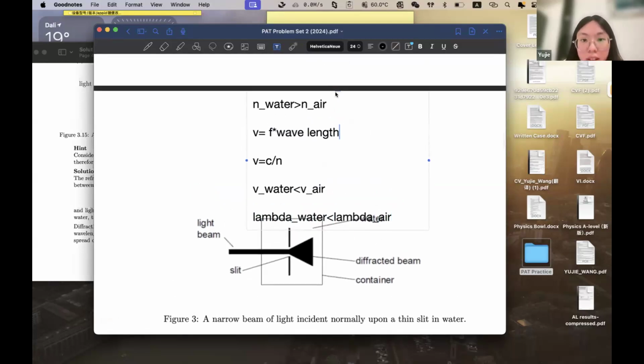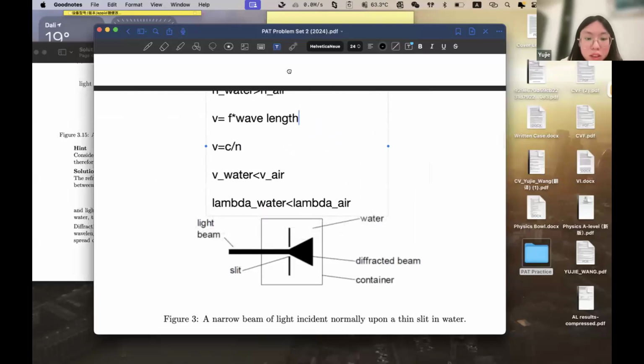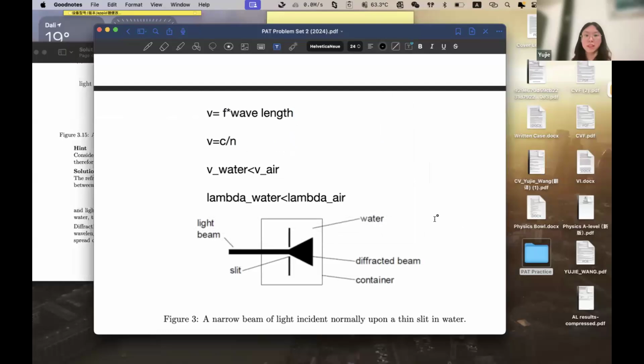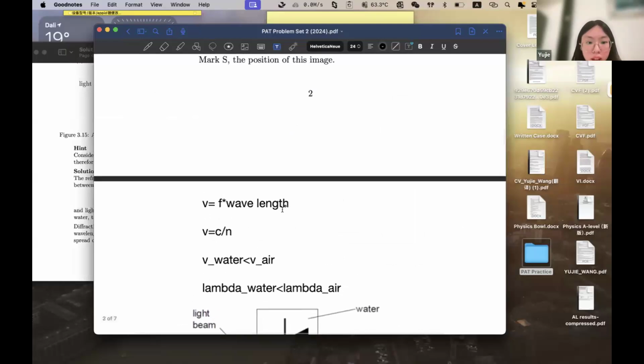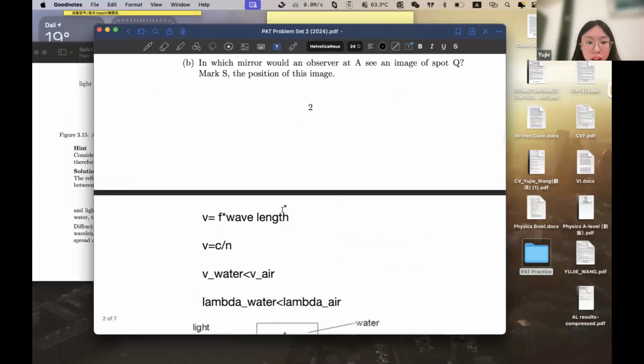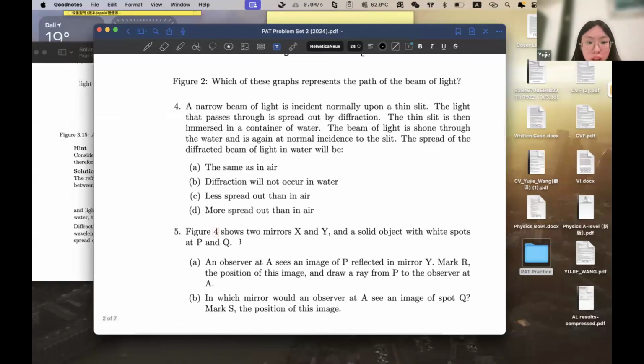And because of the smaller wavelength in the water, we can finally conclude that the light in the water will be less spread out than in the air. So the answer should be C.